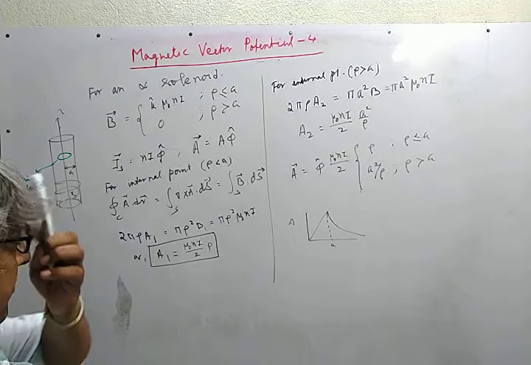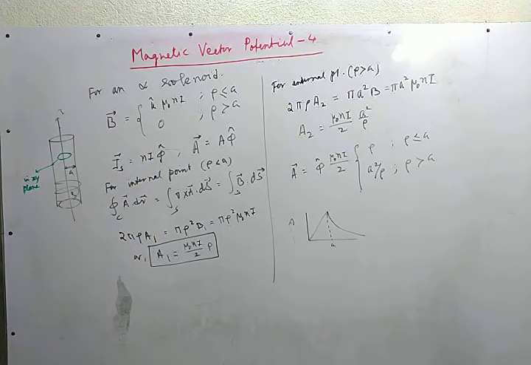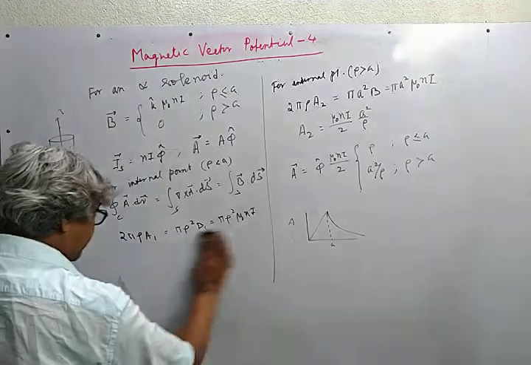Another type of example is that sometimes the current density is supplied and one needs to find the vector potential.